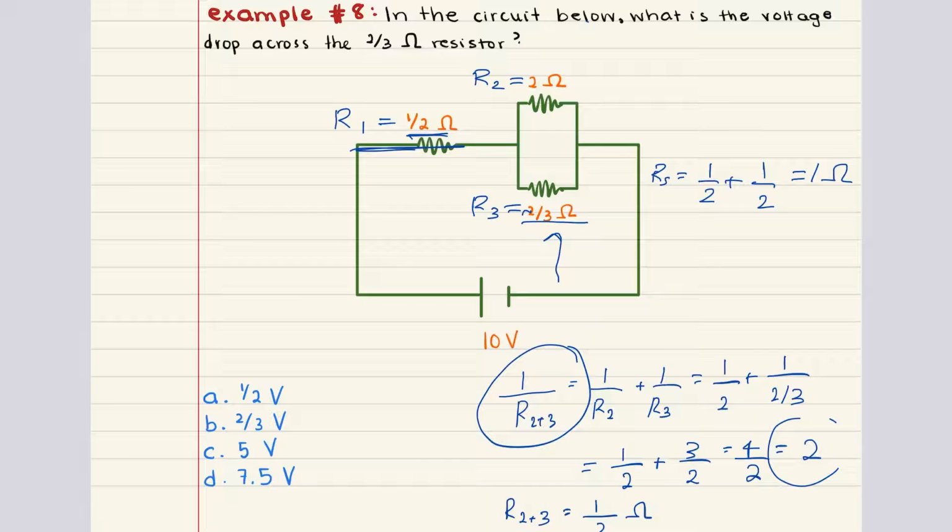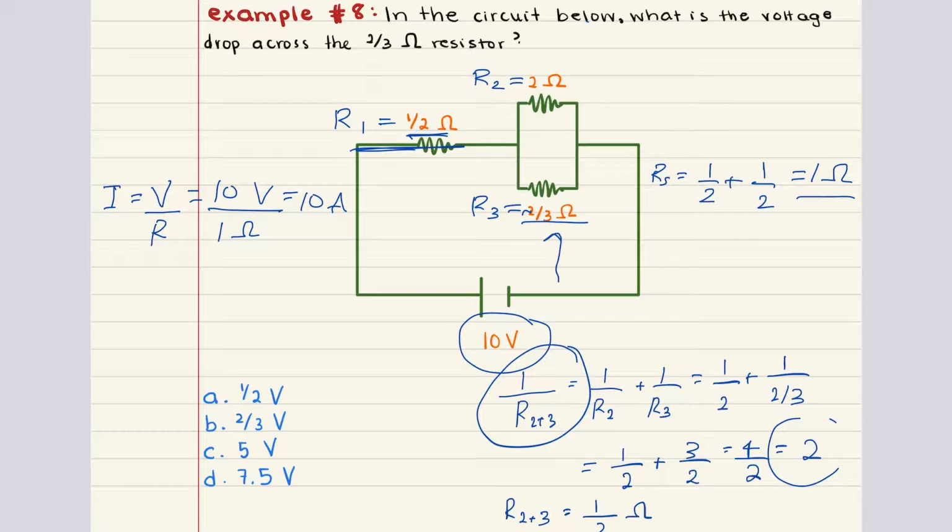Now that we have the equivalent resistance, we can calculate the total current using Ohm's law. Current is equal to the voltage divided by the resistance. The voltage is equal to 10 volts, and the resistance we just calculated to be equal to 1 ohm. This gives us a current that is equal to 10 amperes.